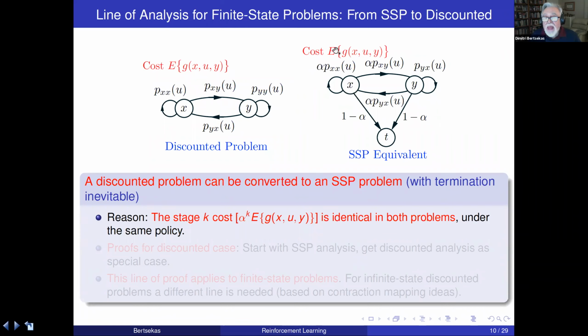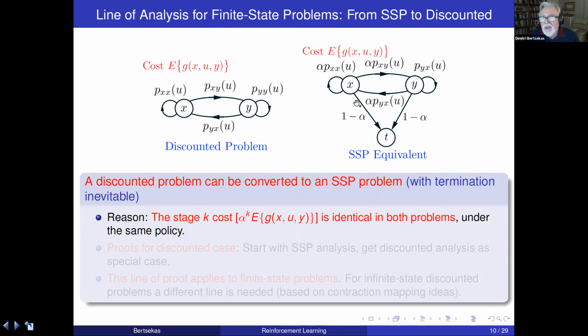It is expected g times the probability that we have not terminated already, which is alpha to the k. So the cost of the kth stage for the SSP problem is the probability we have not terminated, times the regular cost that we would incur at x given u.